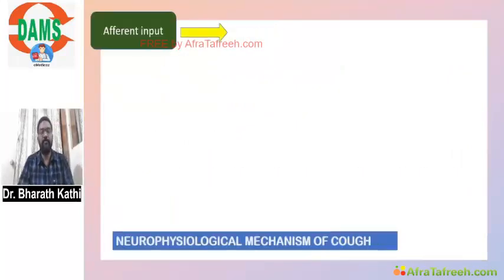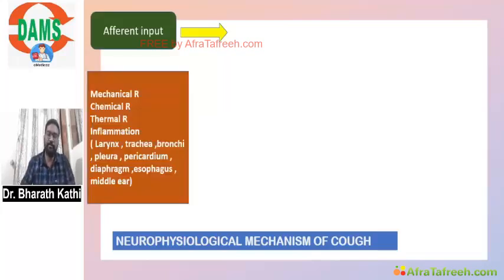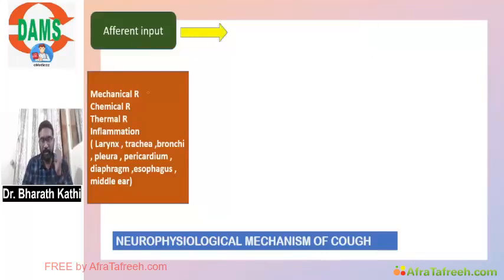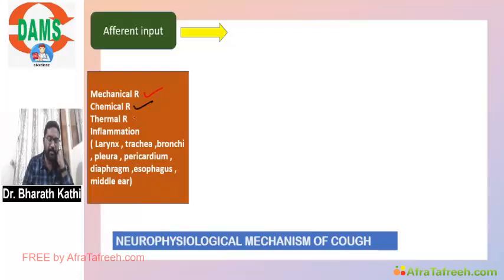So for cough to happen, what is the input? What are the cough receptors in your body? We have mechanical receptors, chemical receptors, thermal receptors, or receptors which are stimulated by inflammation.